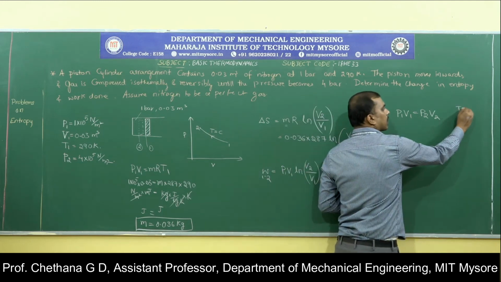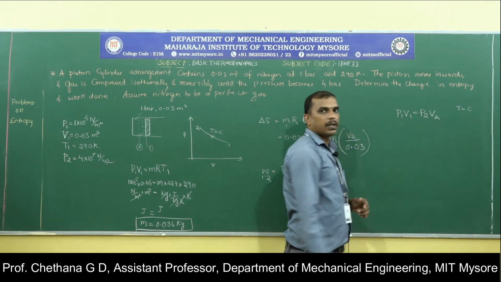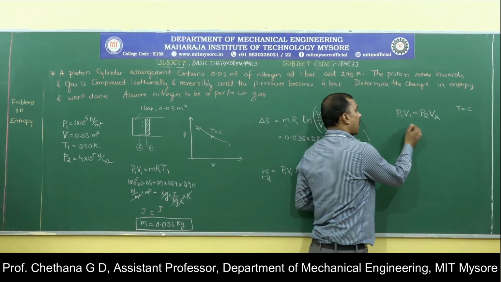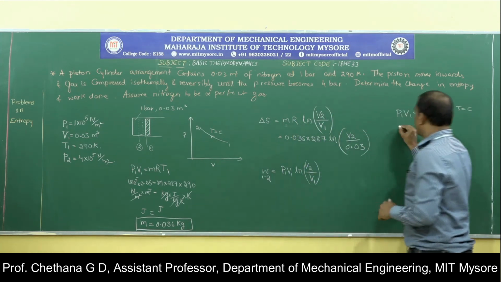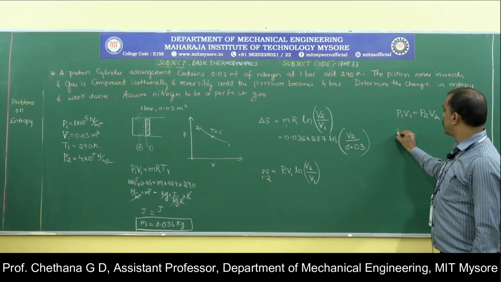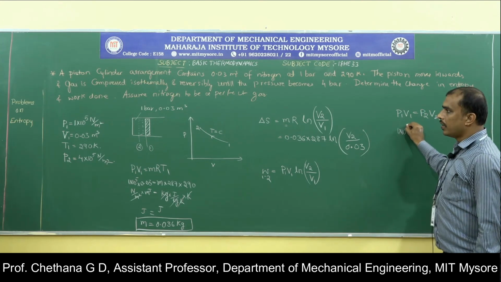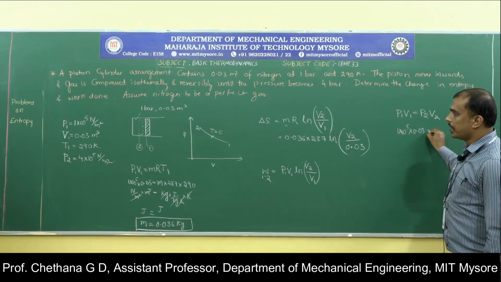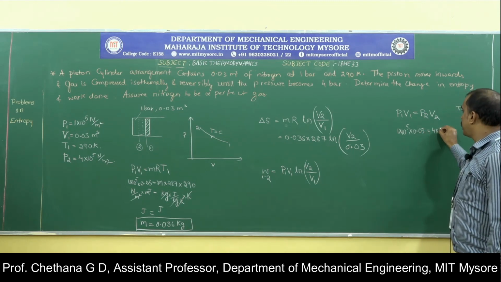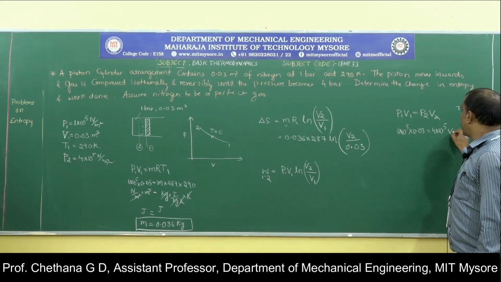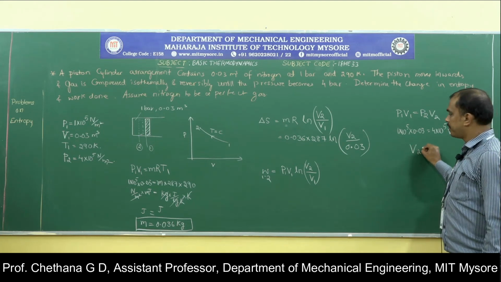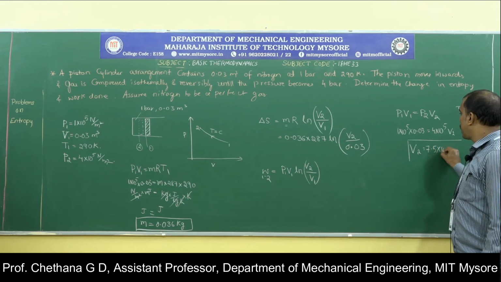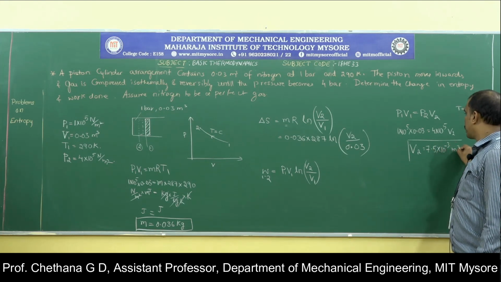Temperature constant means PV is equal to mRT is constant, or PV is equal to constant. Now calculate V2. So P1 is known to us, 1 into 10 power 5, V1 is 0.03, P2 is 4 into 10 power 5. Now calculate V2. V2 is 7.5 into 10 power minus 3 meter cube.